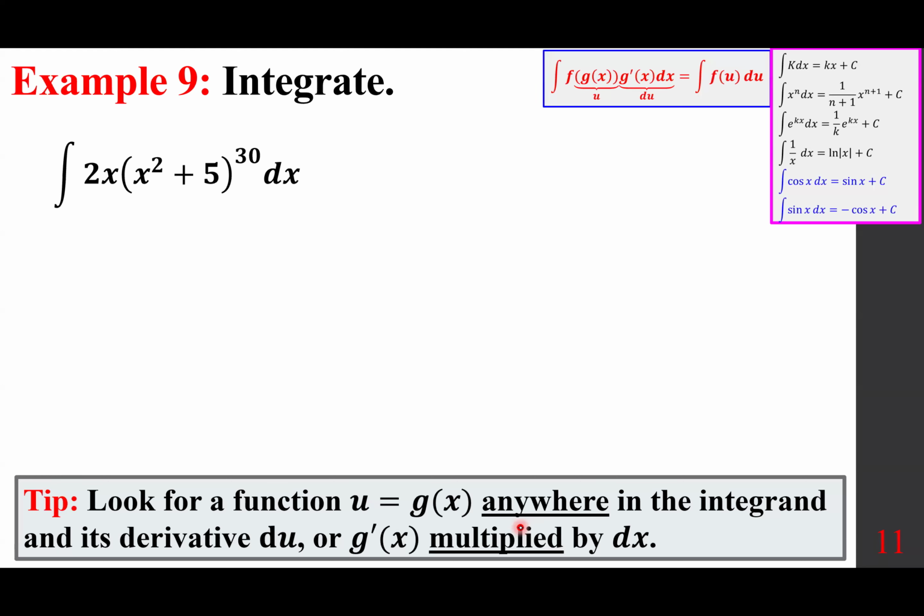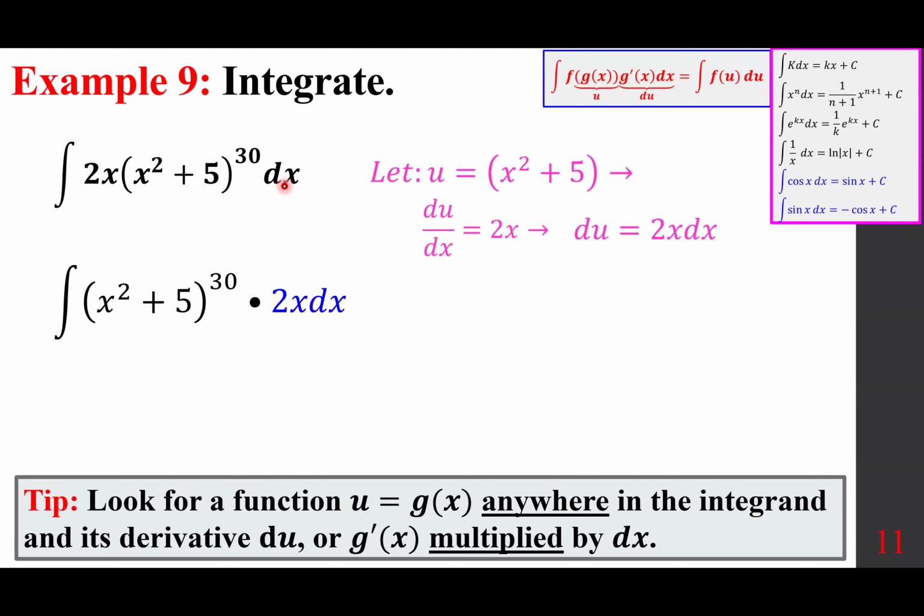Step two, if you're dealing with polynomials, the more complicated one, in this case x squared plus 5, is the choice of u. Needless to say, you notice the derivative of that is 2x. So let u be the more complicated polynomial, x squared plus 5. Its derivative du dx is 2x. Therefore, du is 2x dx. To make it clear what we are dealing with, we are going to move the 2x so it becomes clear this is u.